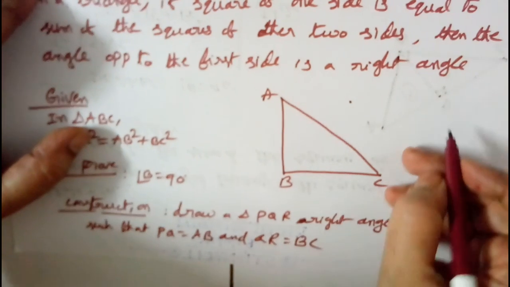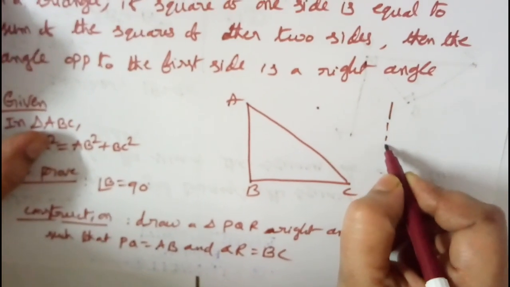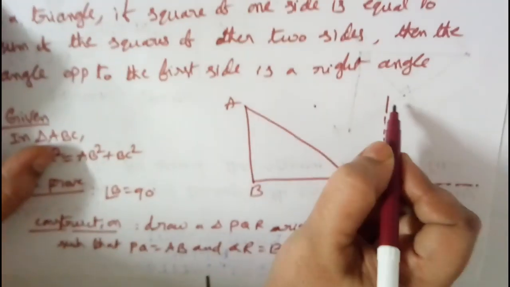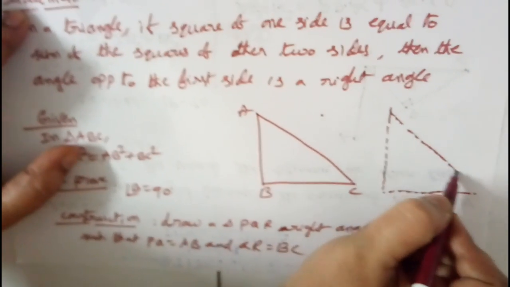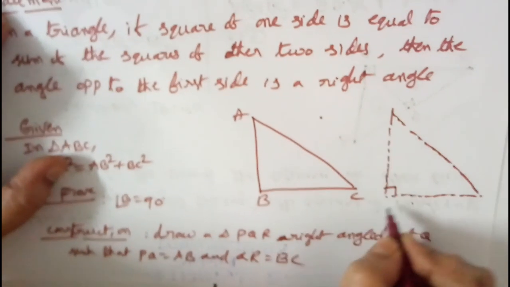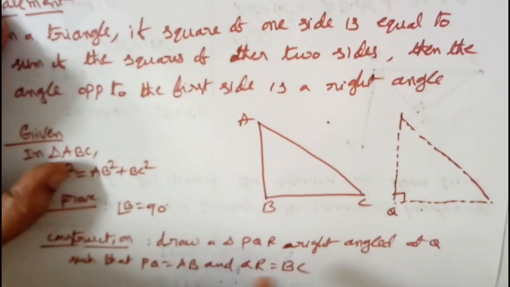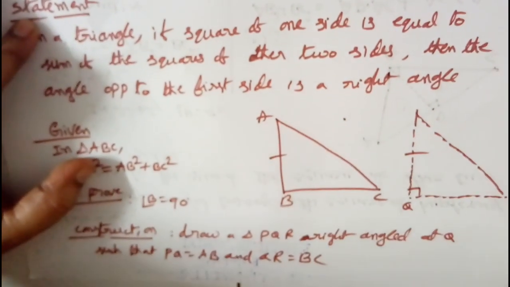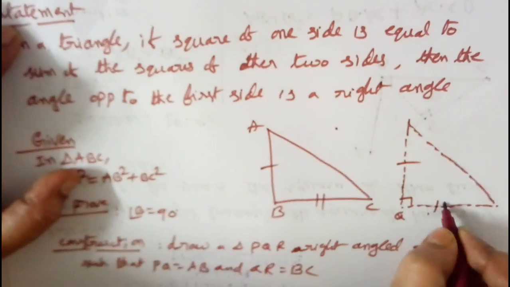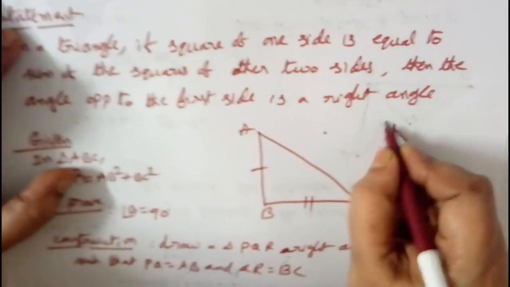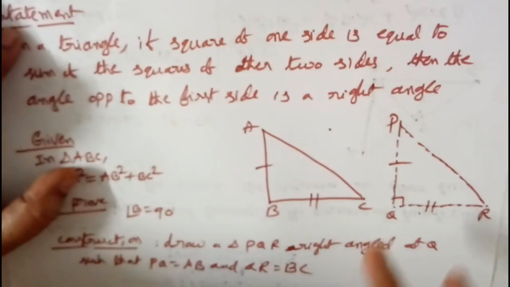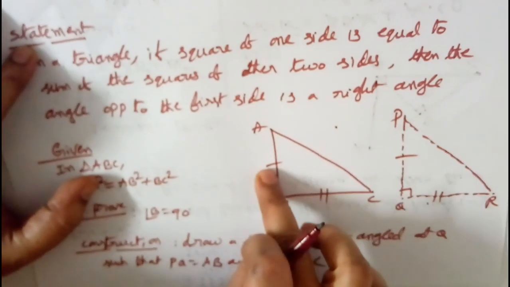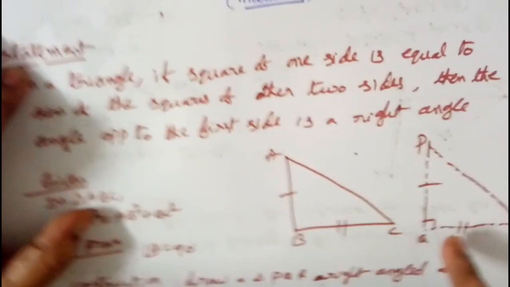So draw a triangle PQR, right angle at Q, such that AB is equal to PQ, these two are equal, and BC is equal to QR. So what is the construction? Draw a triangle PQR, right angle at Q, such that AB is equal to PQ, BC is equal to QR.